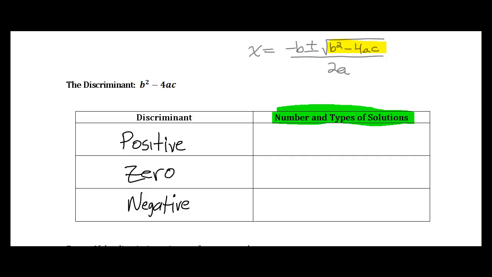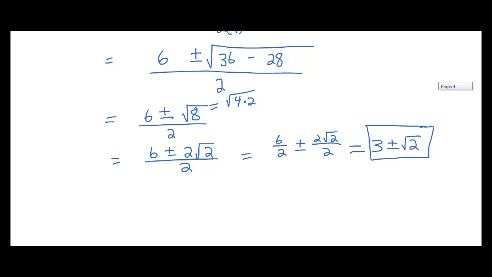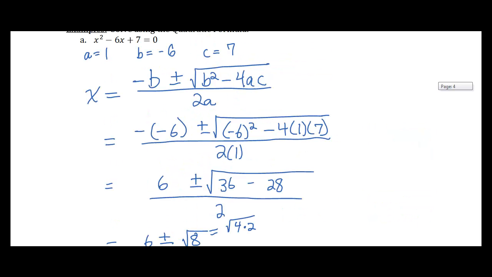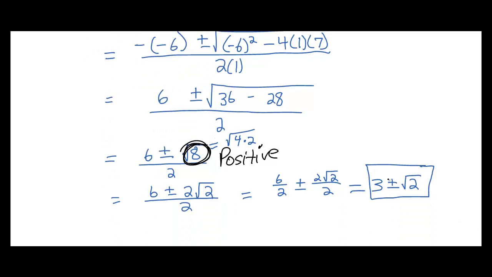All right. Now, in the previous example, 2 examples ago, we looked at an example x squared minus 6x plus 7, and in this case, our discriminant became 8, right? 8 is positive. At the end, I noticed that I had 2 solutions because I have this plus or minus here.